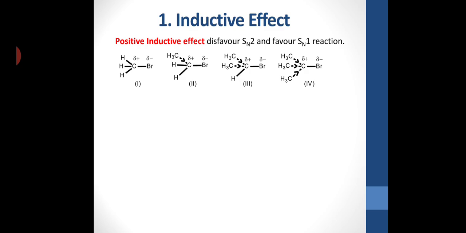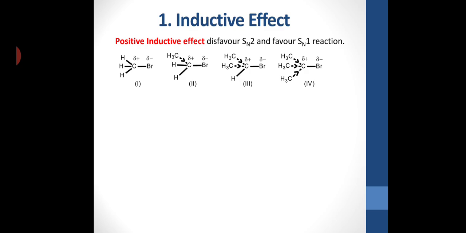Now, as we go from compound 1 to 4, compound 1 has no methyl substituent. Compound 2 has 1, compound 3, 2, and compound 4, 3. We know methyl group has plus I inductive effect.